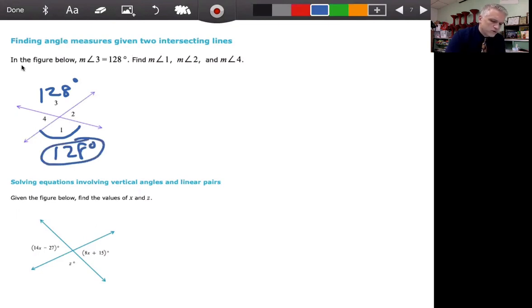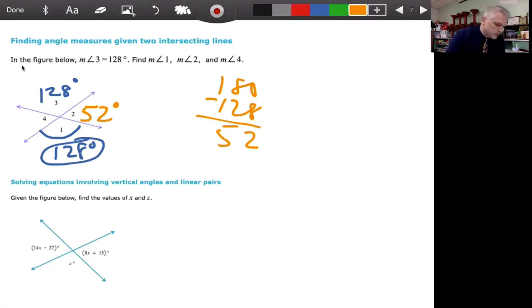Now, angle 2 forms a linear pair with and is supplementary to angle 3. So 180 subtract 128 gives you 52. So angle 2 is 52 degrees. Once you have angle 2, the vertical angle to it is angle 4. This is also 52 degrees. You're done. Love those.